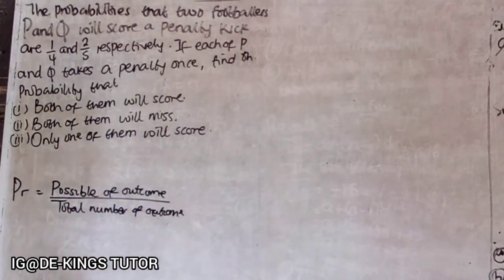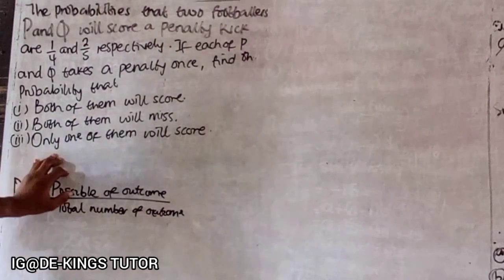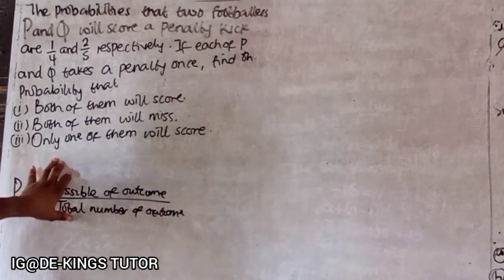Probability is used when the certainty of future occurrence is not known. For instance, you can say there's probability that the rain will fall. Now, what it means is that we are not sure of the outcome. So this is the standard formula for probability.